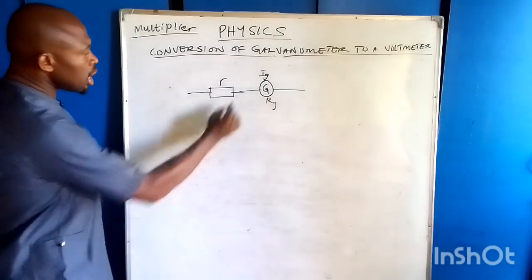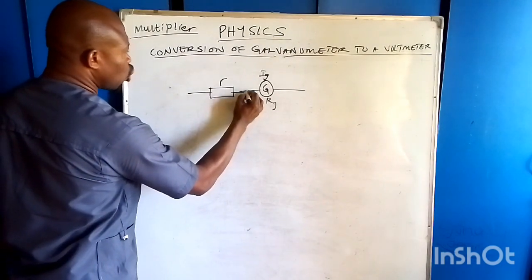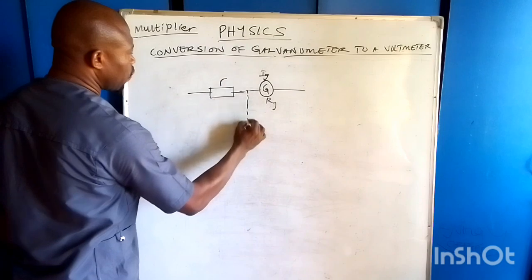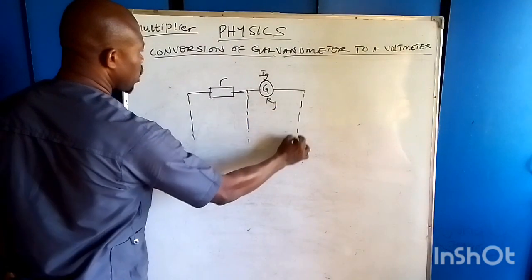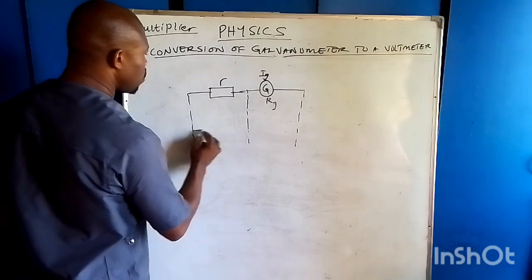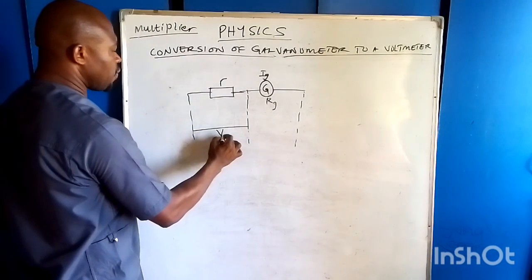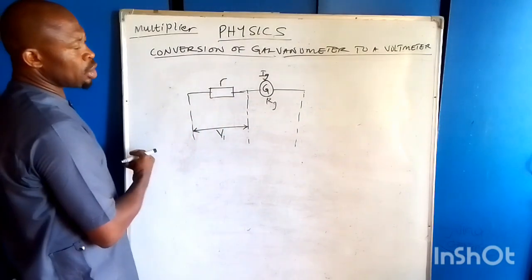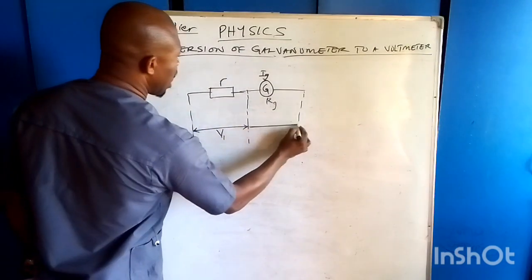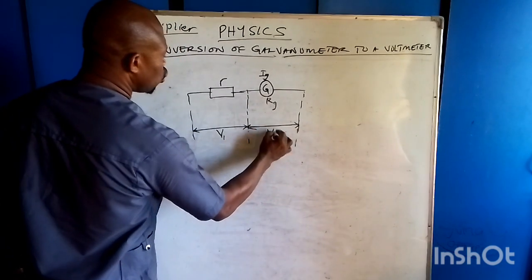Now, if you have it like this, automatically a joint will be formed here, because if we want to get the PD across the multiplier, we can have it as our V1. So V1 is the PD across this multiplier. Now we can still have another one here, which is V2.